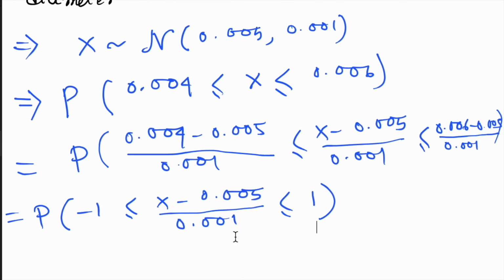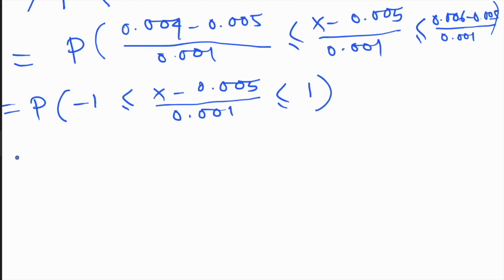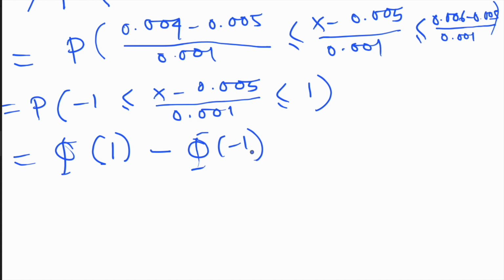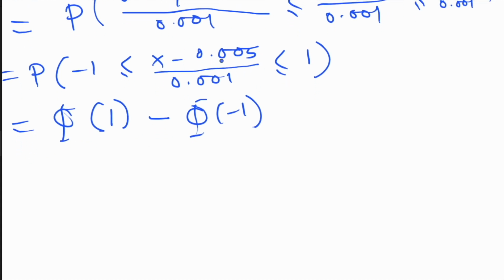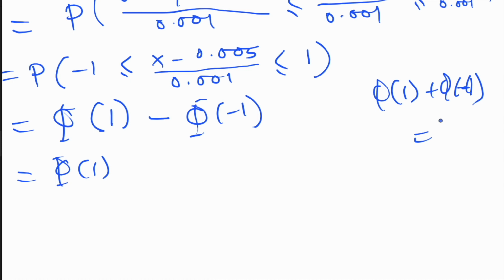Now we know this is nothing but phi of 1 minus phi of minus 1, since this variable is standard normally distributed. And we know that phi of 1 plus phi of minus 1 is 1.